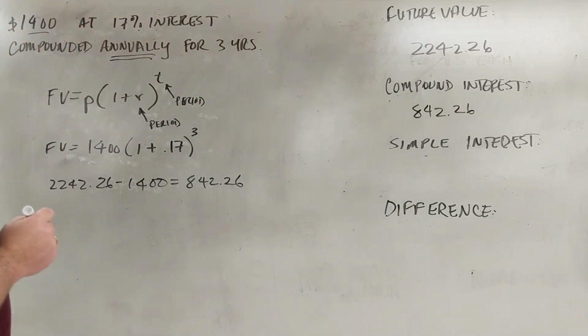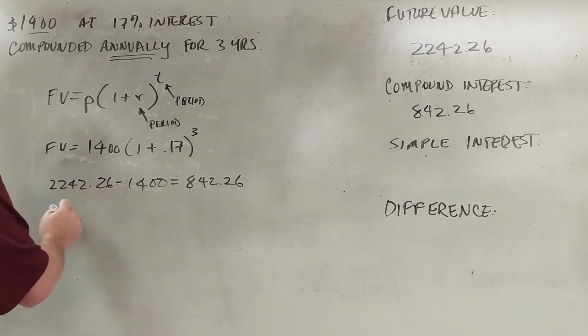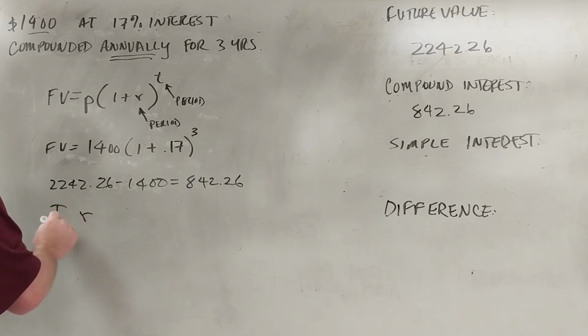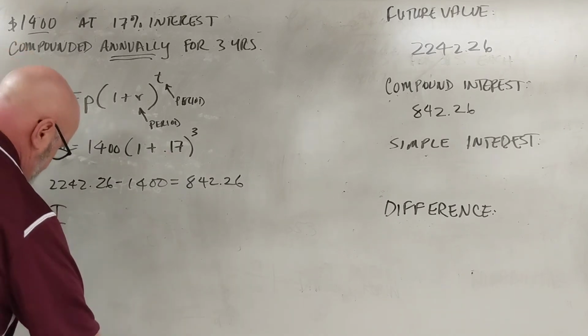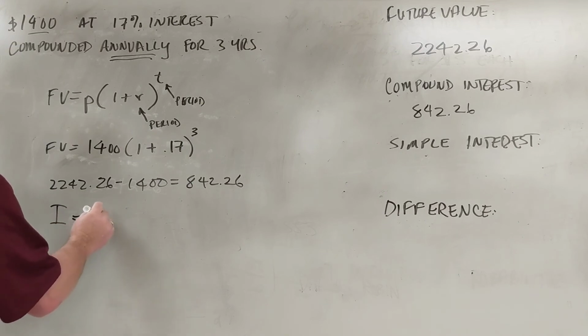Now, simple interest is not compounded, so it's going to be the same each year for the 3 years. So simple interest is just the rate times the, I think you normally see the interest is equal to the principal times the rate.